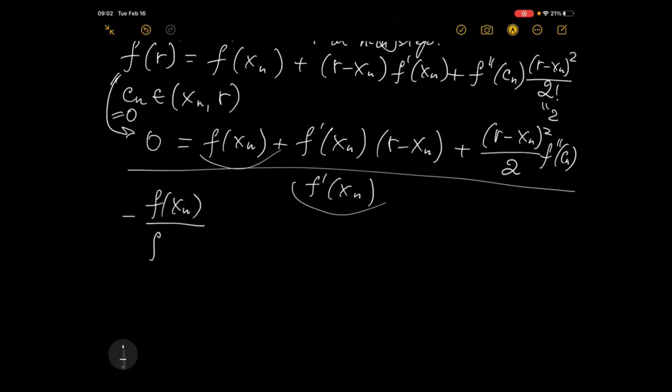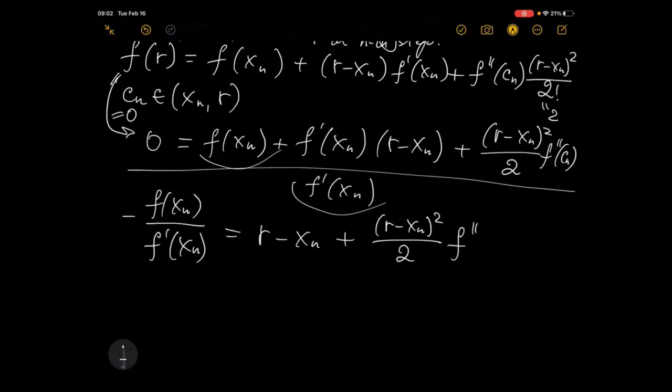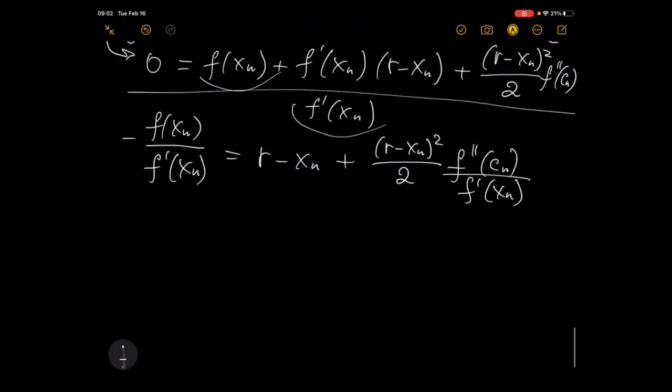Xn divided by f prime at xn is equal to r minus xn plus (r minus xn) squared divided by 2 f prime cn divided by f prime. Assuming, of course, that this is not equal to 0.